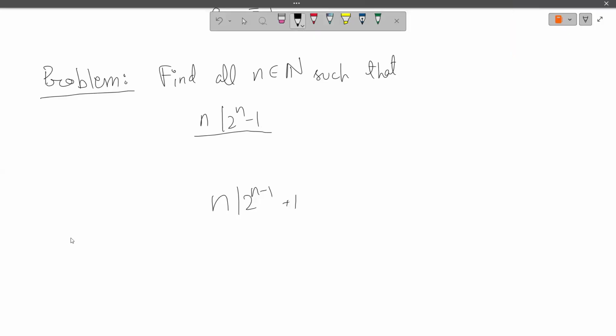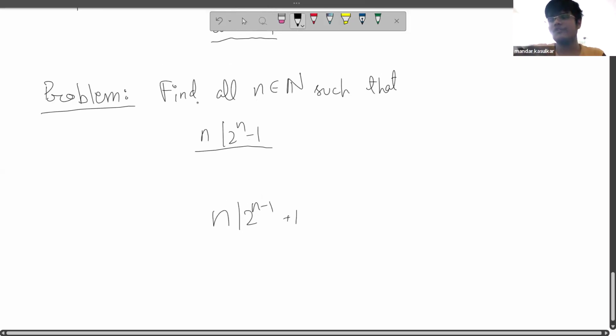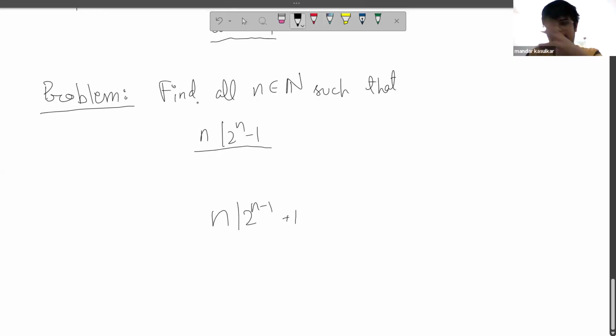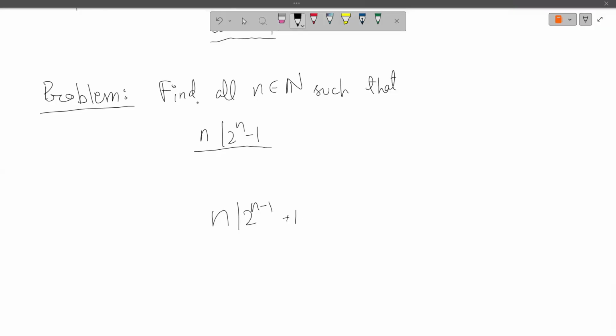In the first problem, we can say that the order of 2 in n divides n. Okay, no, Arsh, remember we defined orders only for primes. We haven't yet defined orders for general n.